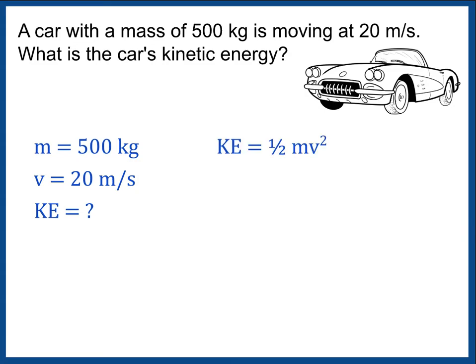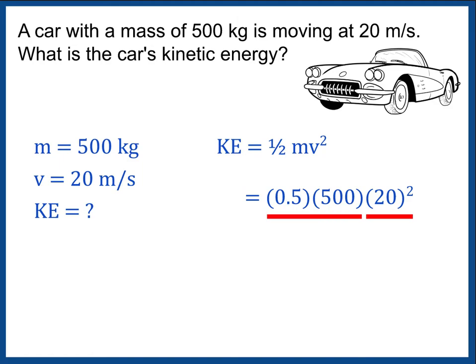So we should always start by writing down the formula that we're thinking as we solve this question. Plug in the things we know. Again, you may want to change that 1/2 to a 0.5 so that it's easier to type into a calculator. Now, in terms of doing the algebra here, you want to make sure you do the squared part first. And again, it's just the v that's being squared. And then you might want to do the other parts of the calculation and group that into a number.